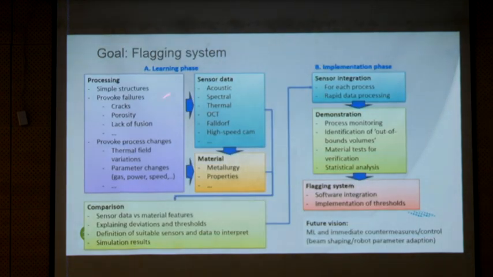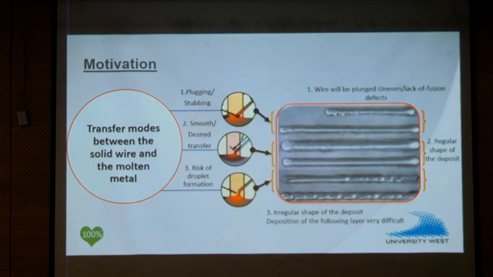It's a very complicated map. I don't want to at this point get into those details, but what we are trying to do is look at this, an example of wire feeding. This is how you want it to be, but sometimes there is stubbing, sometimes there is separation and you get droplets, and if one of these things happen, what happens to the bead?